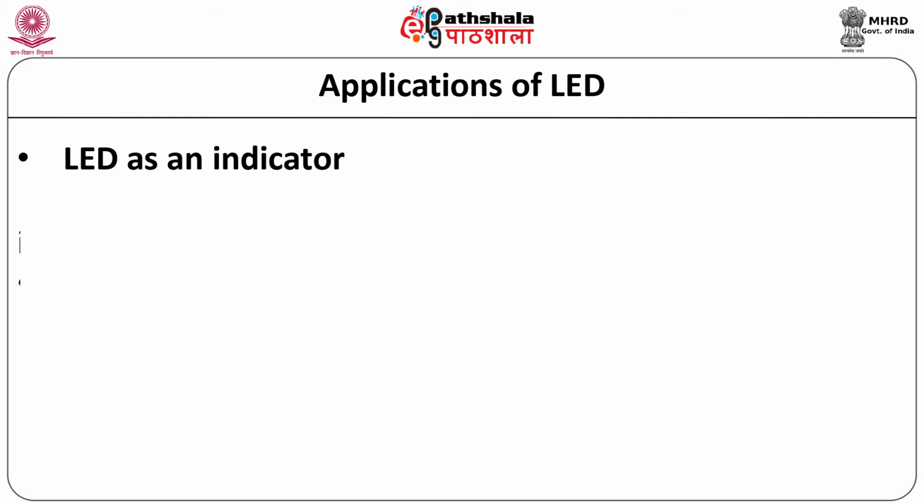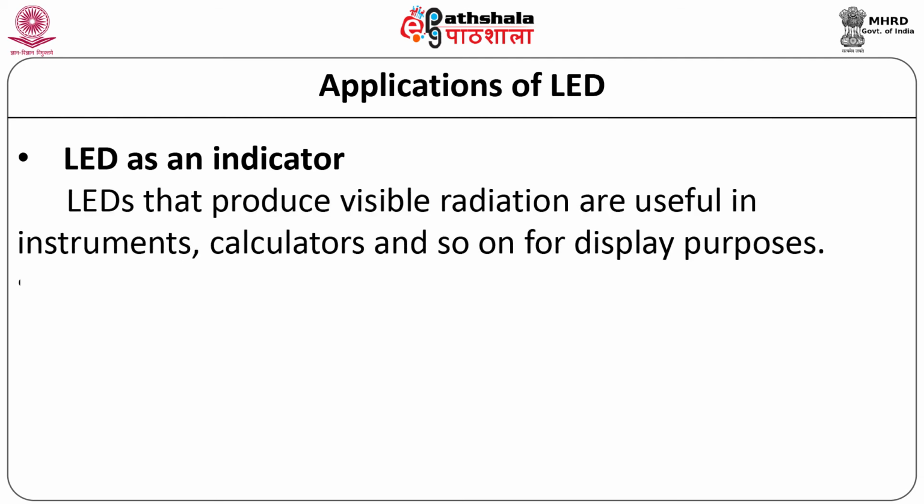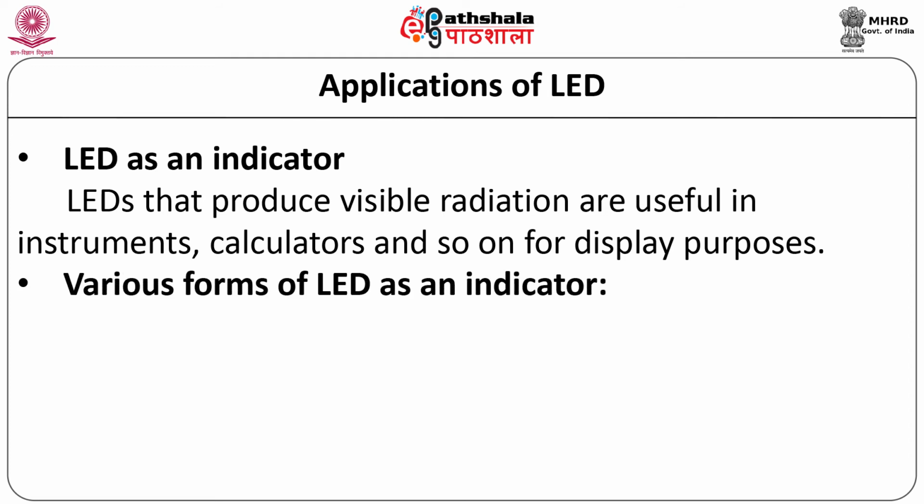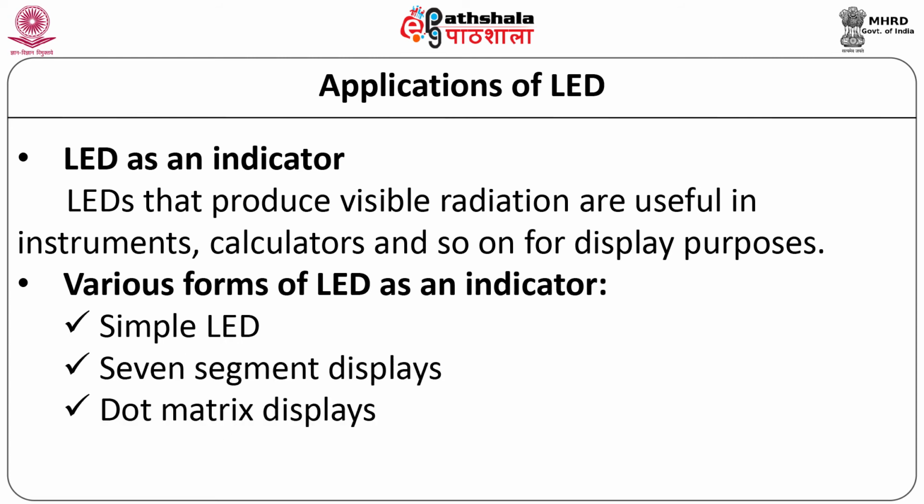LED as an indicator. LEDs that produce visible radiation are useful in instruments, calculators and so on for display purposes. Various forms of LED as an indicator are: one can use simple LED, 7-segment displays, dot matrix displays and bar graphs. You can see here, this is simple red LED used as an indicator.